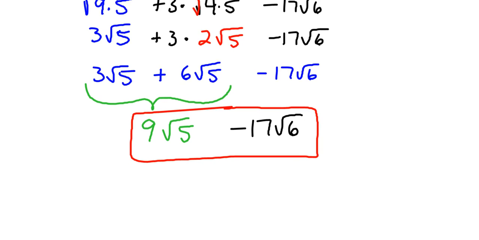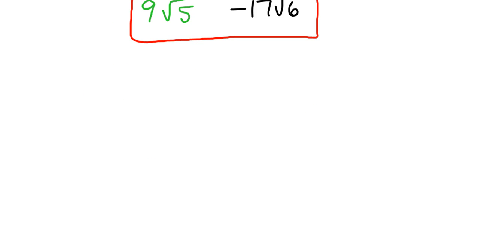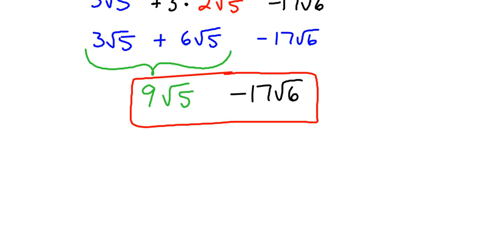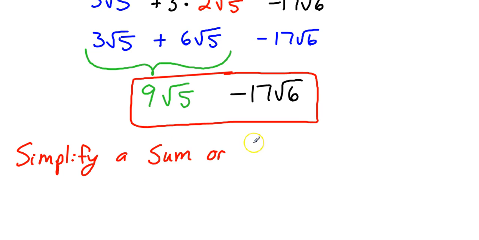All right, and then the last objective you've got in 10.4, you're going to simplify a sum or difference of radical expressions.